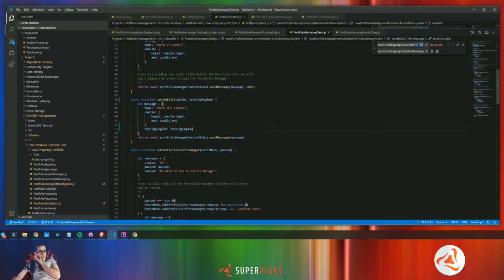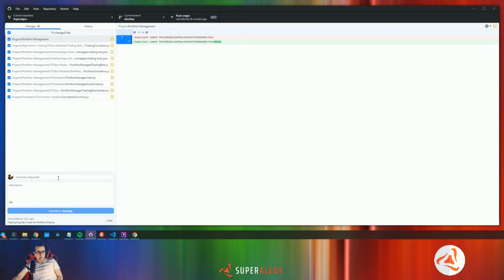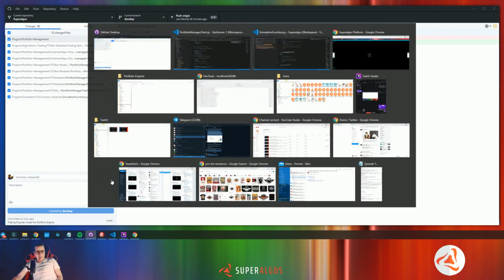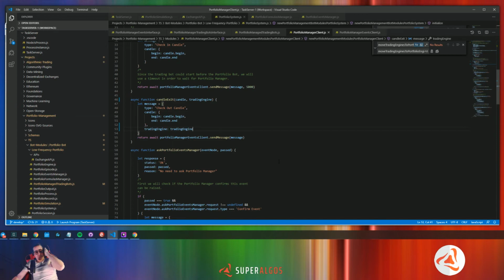So, well, I think that we cover all. If you think about it, I will commit this. I will commit it later. To recap, what we did was to first inject the structure of the trading engine into the portfolio engine in the best way that we could think of.